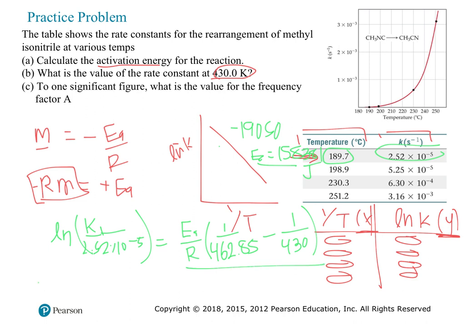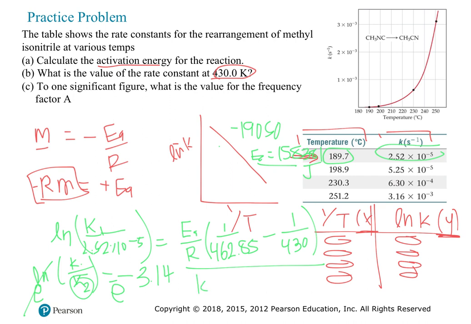And what we get is the ln of K1 over K2, I'm not going to write the number. That's the 2.52 times 10 to the negative 5th, equals negative 3.14. So now we need to get K1 by itself. So we're going to get rid of the natural log, we're going to e the whole thing. So that gets rid of the natural log. And then we can now multiply by K2.